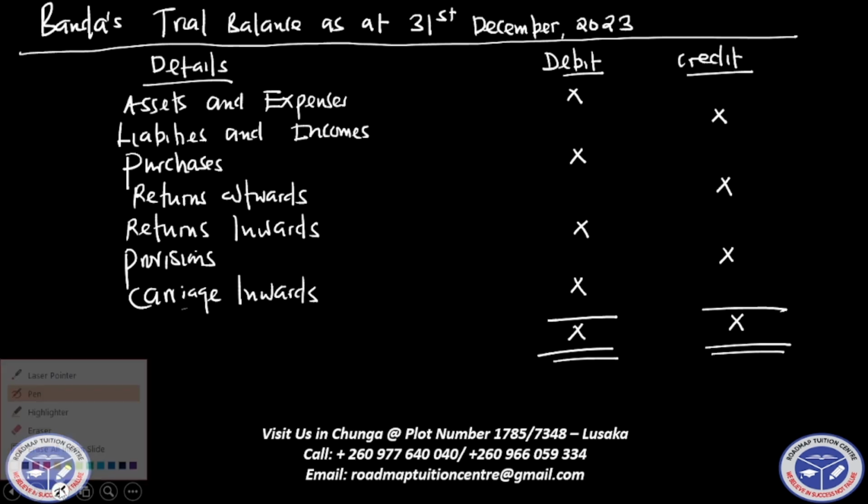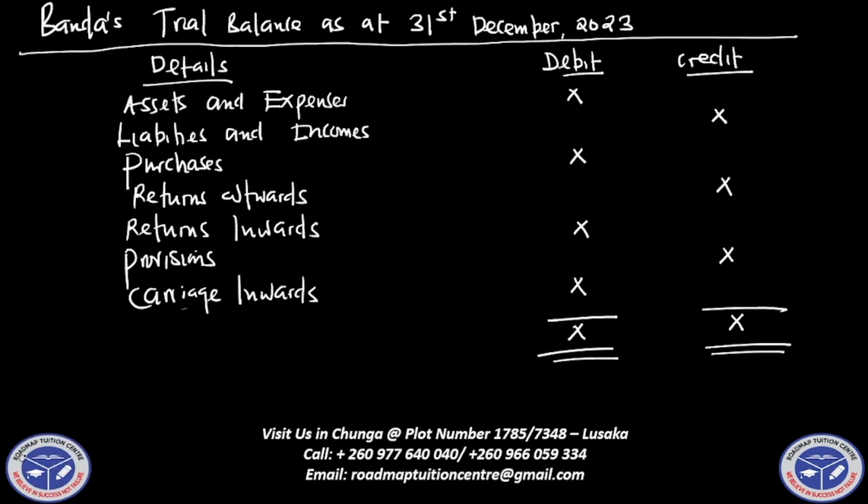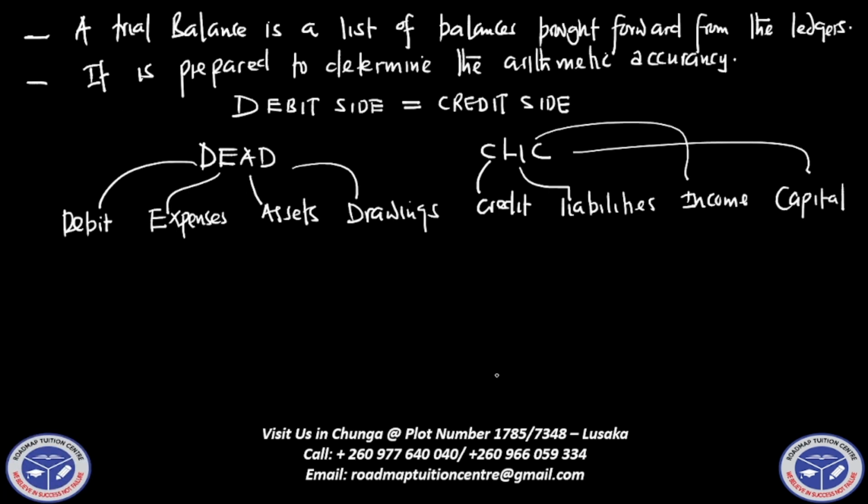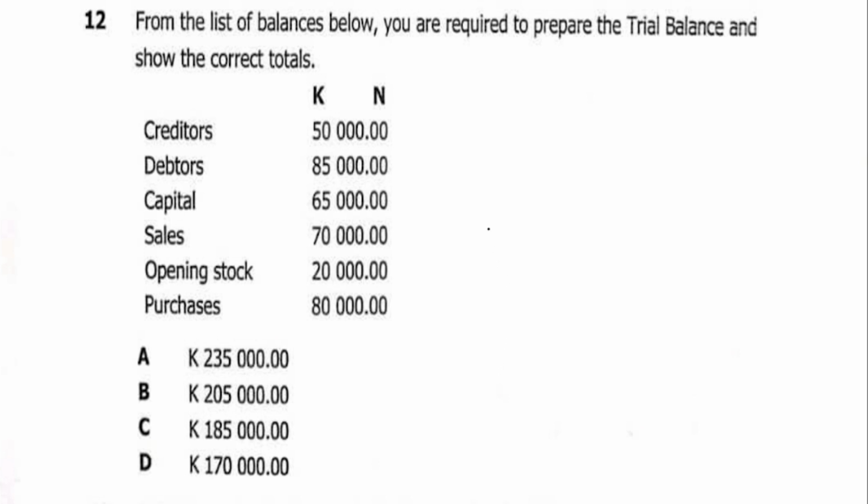Okay, so let's look at the question that we have now. So we need to come up with a trial balance. In this case, trial balance, okay, then the debit side, then the credit side, then the details.